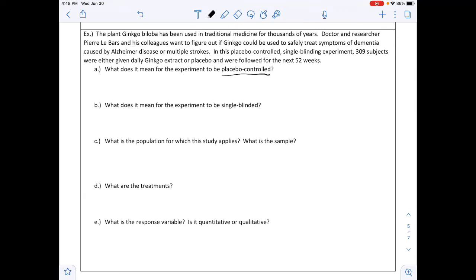And one of the issues with statistics is that there is so many different ways to word things. And so, again, placebo-controlled was not a definition that we were given. However, this problem is discussing that.